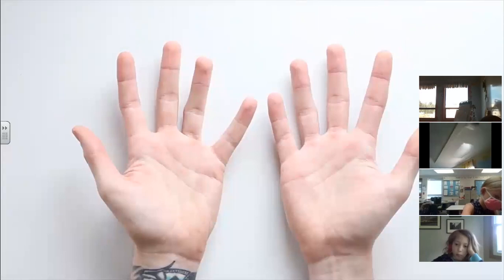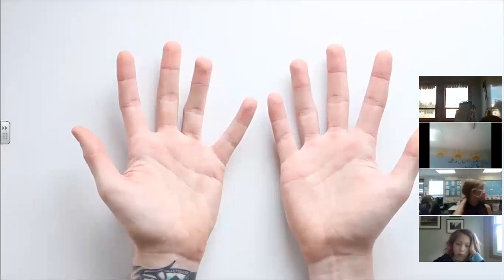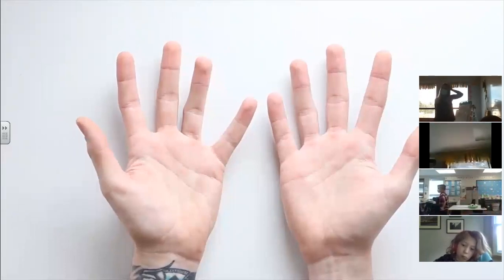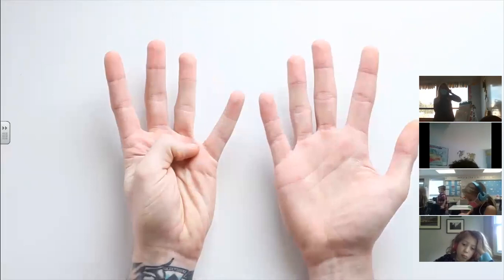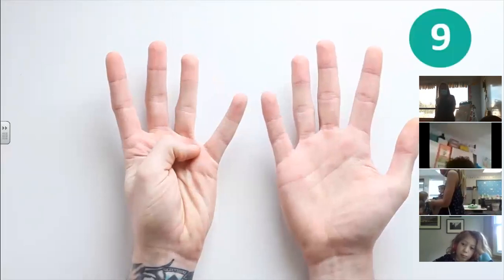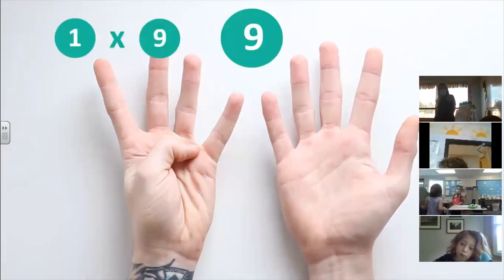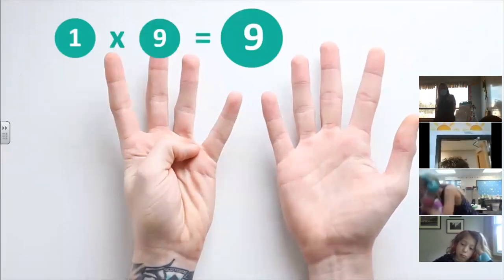Now, if we want to know what 1 times 9 is, we start with that left thumb. Hold it down close into your hand. See 9 fingers still standing. So 1 times 9 is 9. Okay, put your thumb back up.